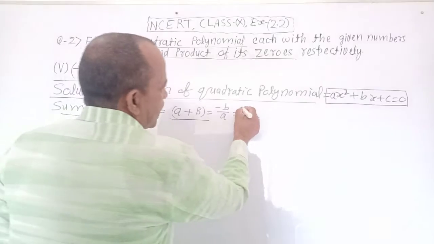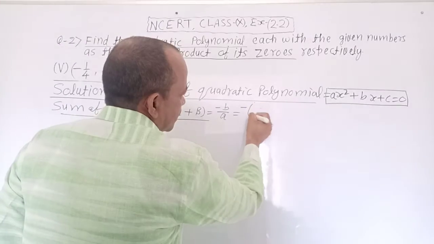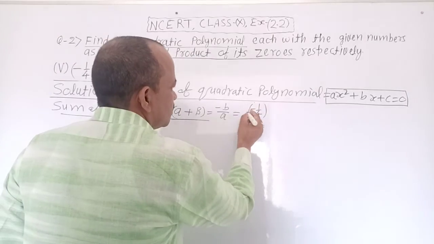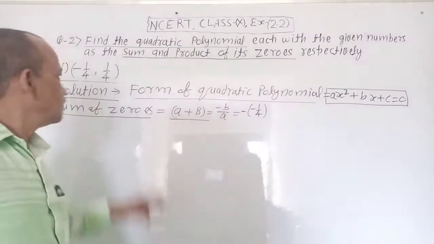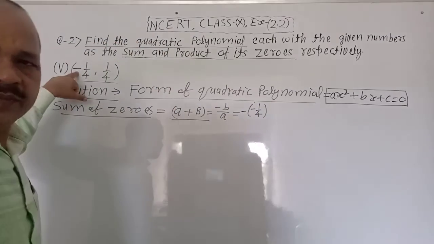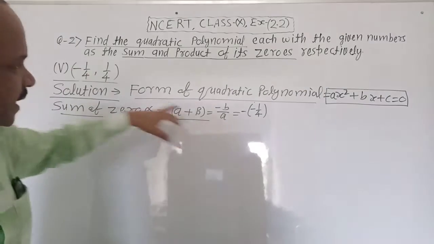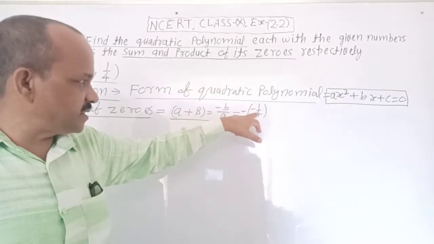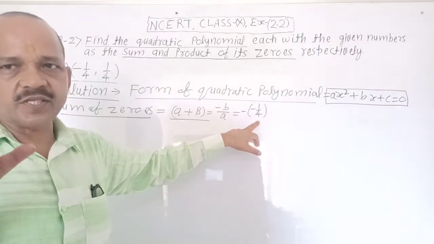Here it is minus 1 by 4 and it is minus b. So you can write minus in brackets minus 1 by 4. It is clear?